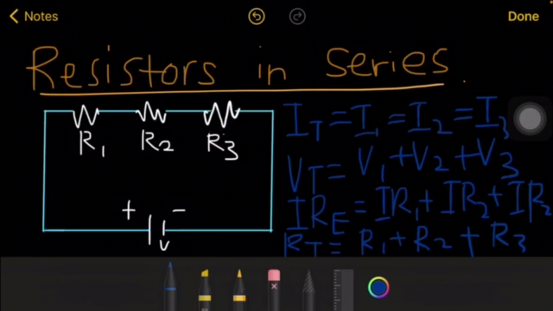We have to remember that the value of effective resistance is always greater than any individual resistance, because the effective resistance is equal to the summation of all the resistances that we have calculated.